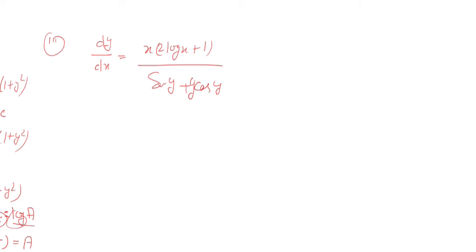Again, first you have to observe whether you can separate these two variables, y terms on one side and x terms on the other side. So this is clear that you can separate them without any problem.